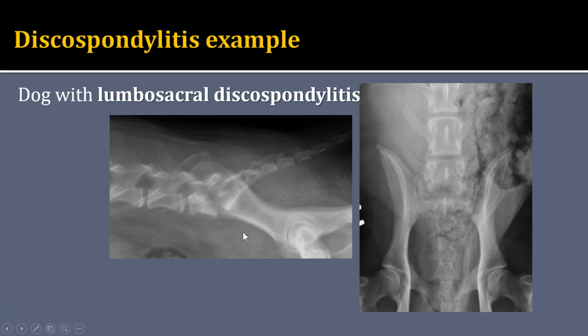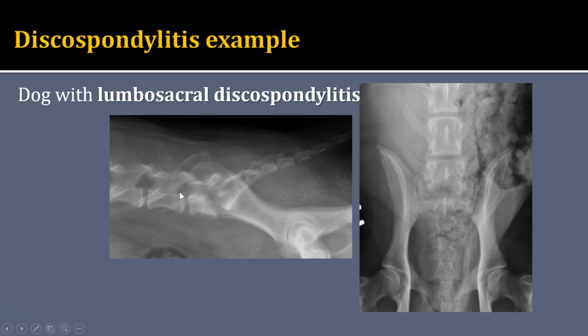In this patient, when I look at the LS junction, I see a triangular piece of bone missing in the caudal portion of L7 because there is lysis, a little bit poorly defined. I also see lysis at the cranial end plate of S1. The intervertebral disc space is an unusual shape and is widened at LS.